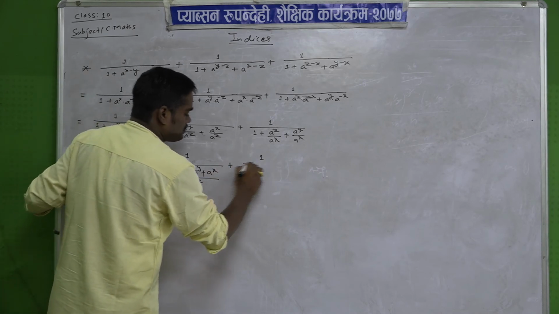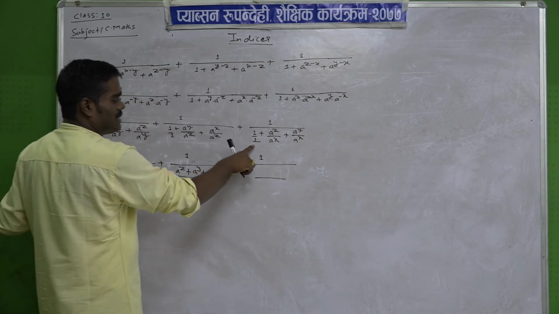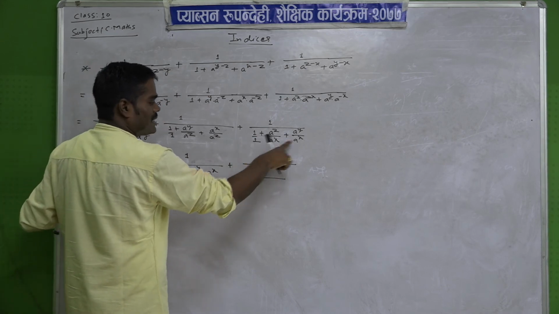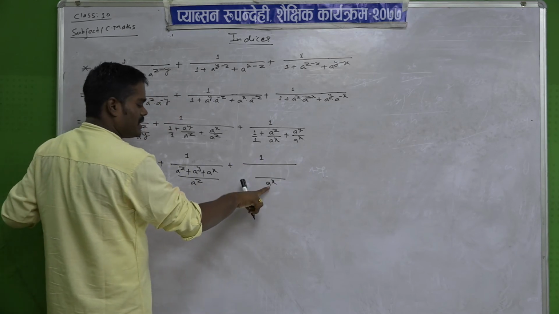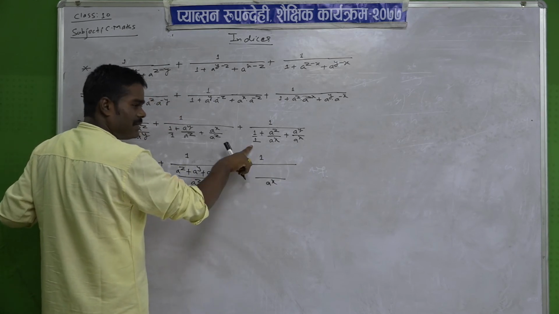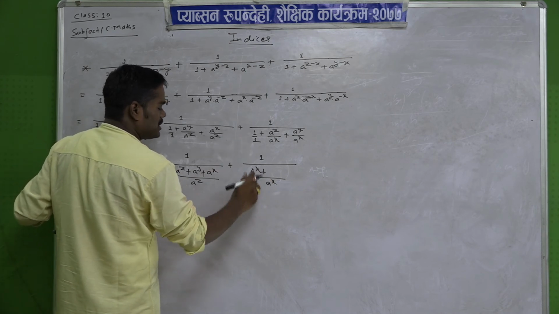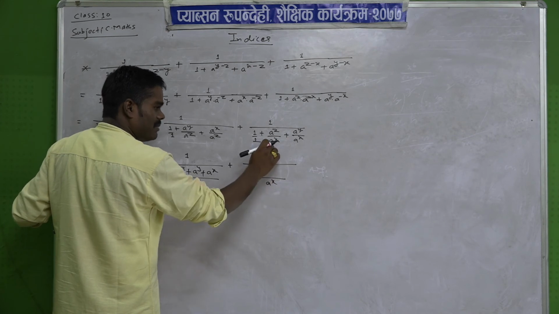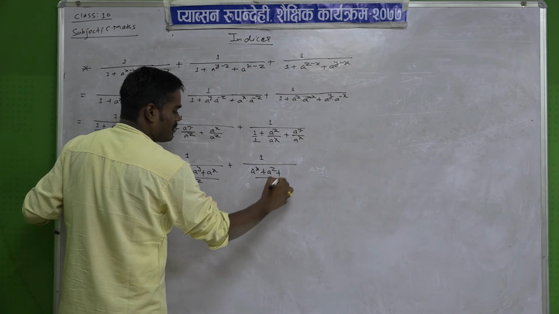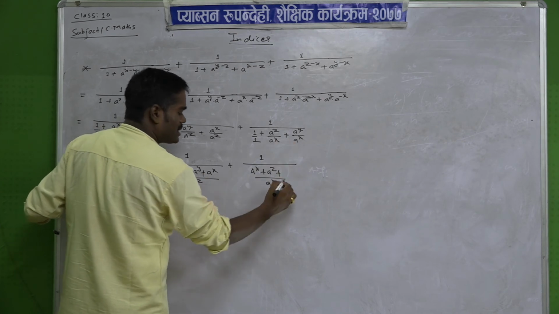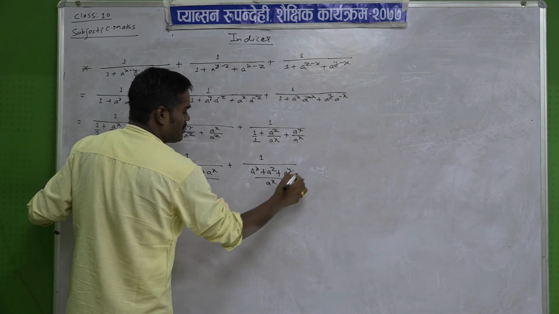And likewise again here, nothing means 1. So the LCM of 1 and a power x is a power x. Again the same process: a power x divided by 1 means a power x, into 1 means a power x, plus a power x divided by a power x means 1, into a power z means a power z, plus a power x cancelled, what is left? 1. So 1 into a power y means a power y.